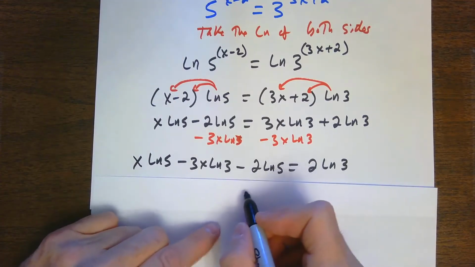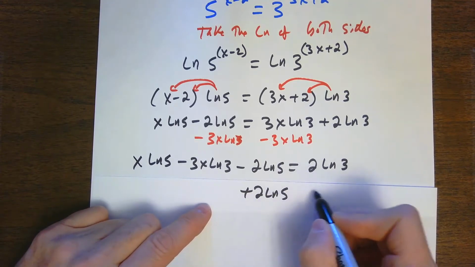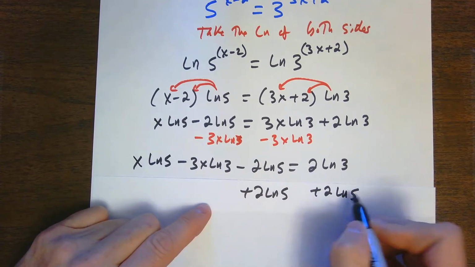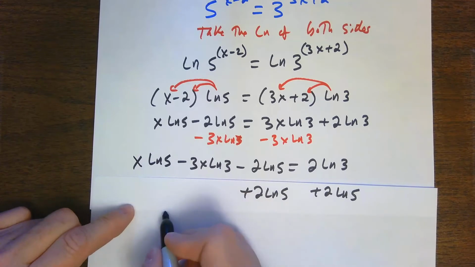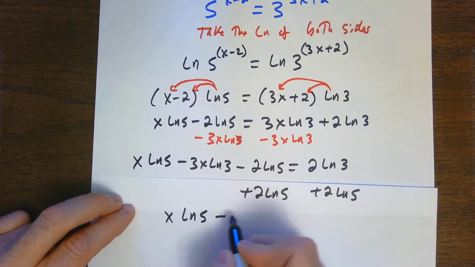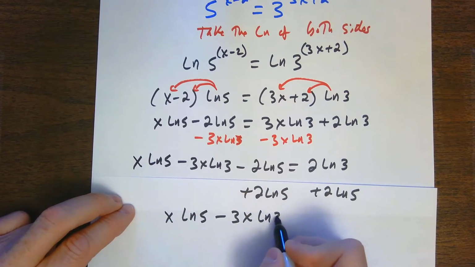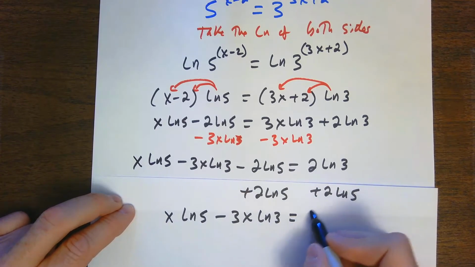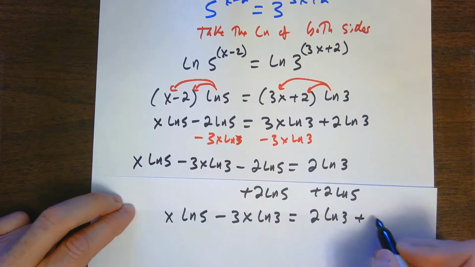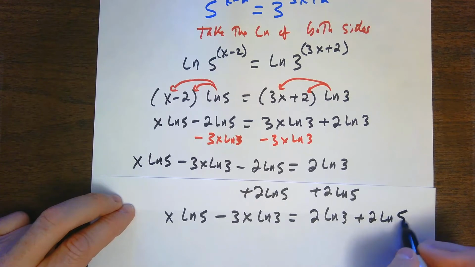This is just some number. I'm going to add it to both sides. Now I'm going to have x times the natural log of 5 minus 3x times the natural log of 3 equals 2 times the natural log of 3 plus 2 times the natural log of 5.